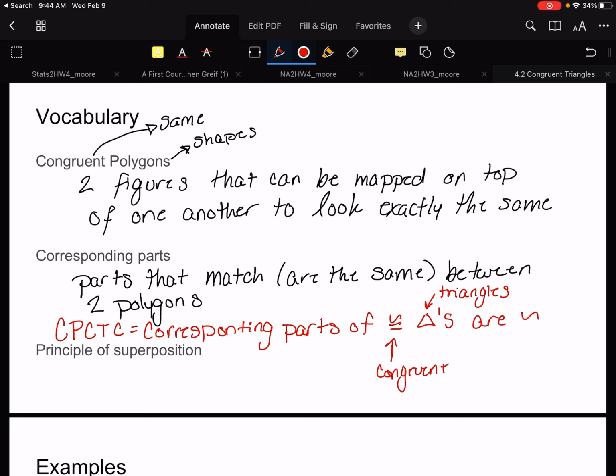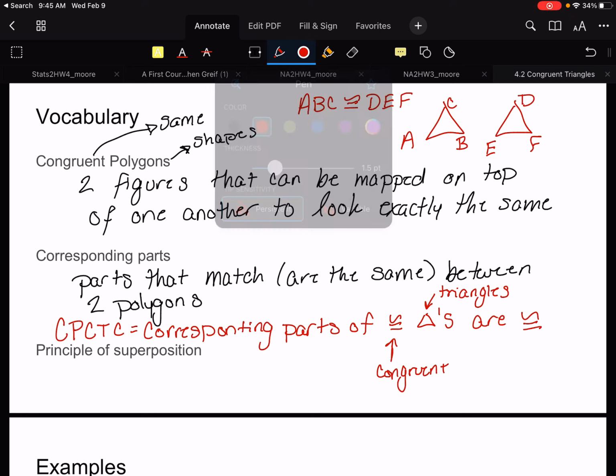Are congruent. So that just means that if I have two triangles that are congruent, then the parts are congruent to each other. So if I had triangles A, B, C, D, E, and F, and I told you that they're congruent, because of how I wrote this, AB is congruent to DE.